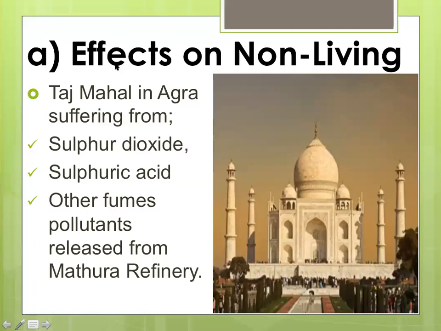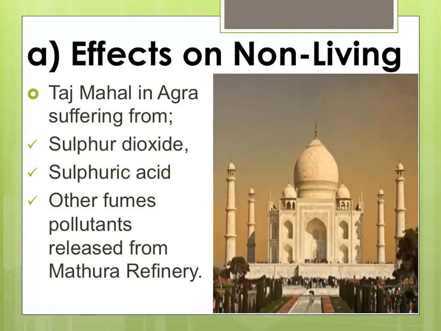So the first one was the effect on non-living things. The best example I quote here is the Taj Mahal in Agra, which is suffering from sulfur dioxide, sulfuric acid, and many other fumes and pollutants released from the nearby industry, for example, the Mathura refinery.